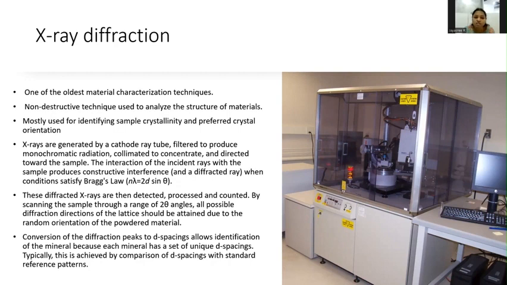So it will make a constructive interference pattern, which will have peaks at different angles. The X-rays can be projected from 0 to 180 degrees, but usually in our research we project from 0 to 60 or 70 degrees, depending on our material and where the peaks of that material stand. We project the X-rays onto the material, and you get the diffraction pattern, which is converted into a digital signal where you see the peaks on the screen.